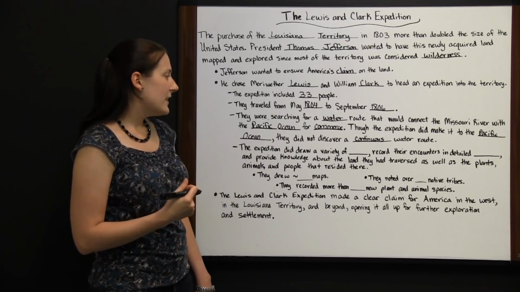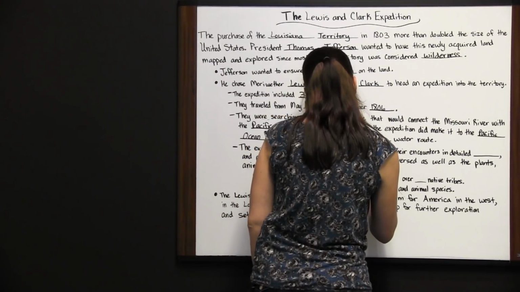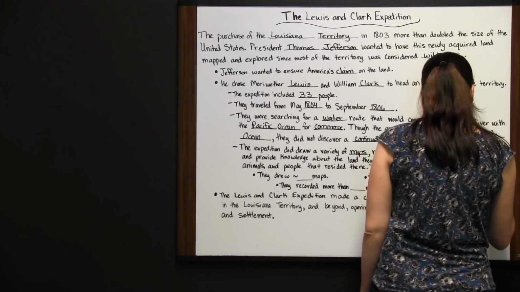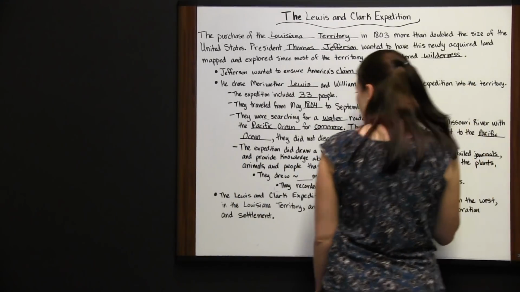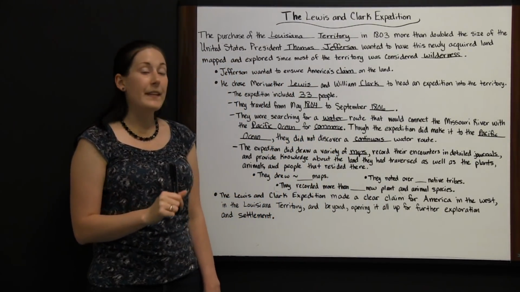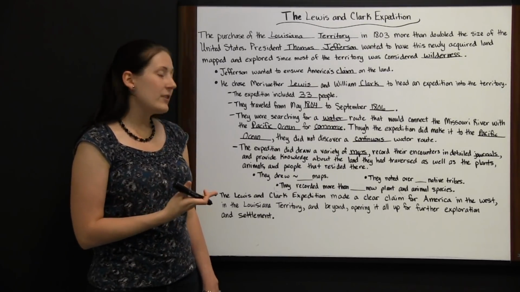The expedition did draw a variety of maps. They recorded their encounters in detailed journals. And the expedition provided knowledge about the land they had traversed, as well as the plants, animals, and people that resided there.